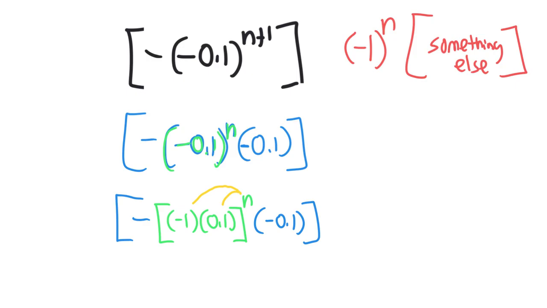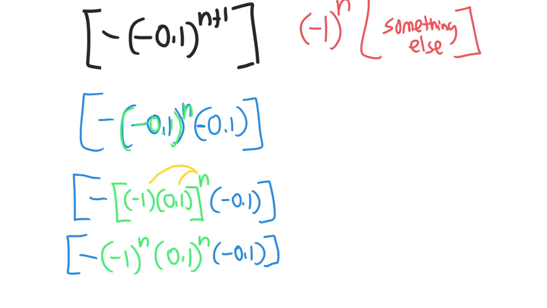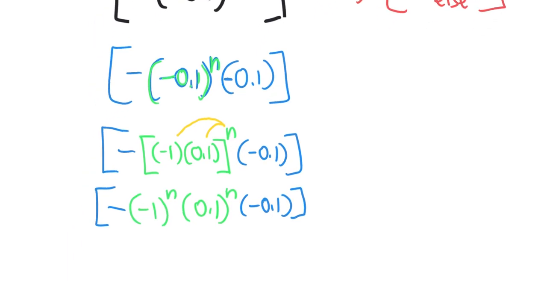So I'm going to keep going. So we have negative 1 to the n times a 0.1 to the n times the rest of it. And then I'm sure everyone watching can see that that negative times this negative would turn that into a positive 0.1.